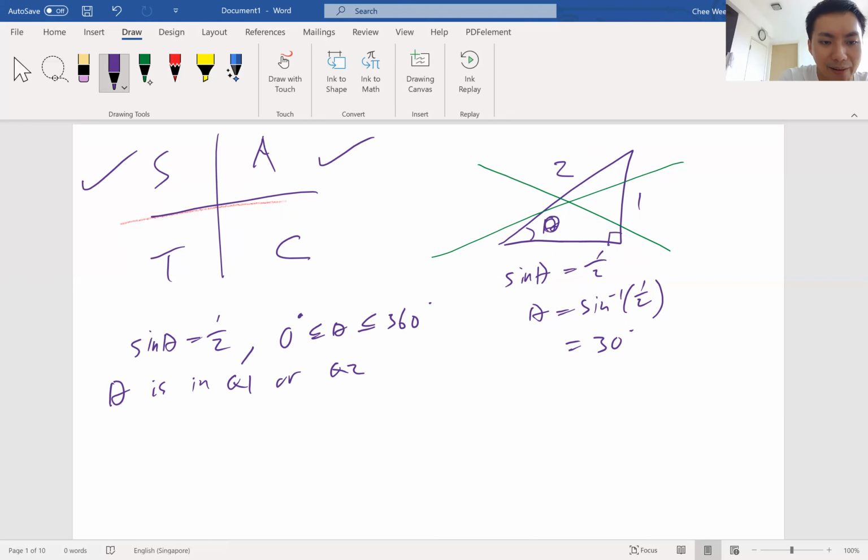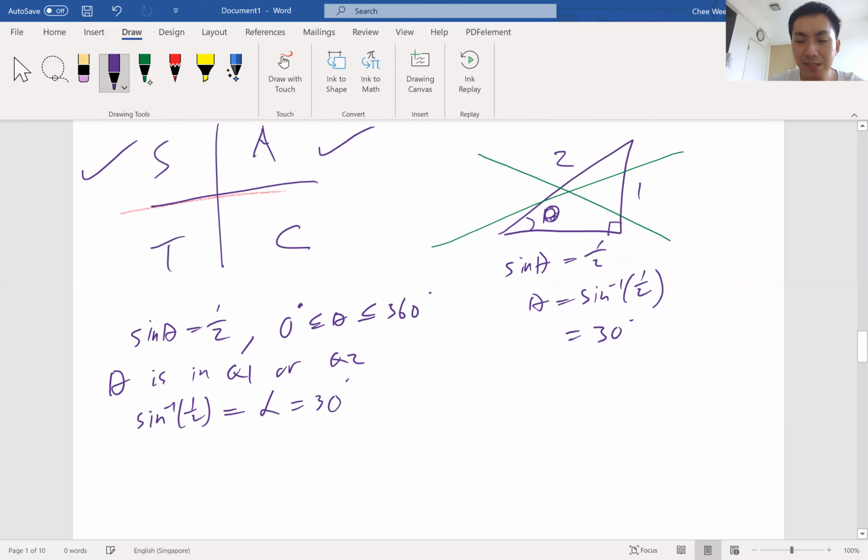Then the working here, sine inverse half is actually just alpha, not theta, the basic angle only. It's just that in the previous case, the triangle on the right hand side, if it's something below 90 degrees, it must be alpha. By definition, alpha is between 0 to 90 degrees. That's the reason why.